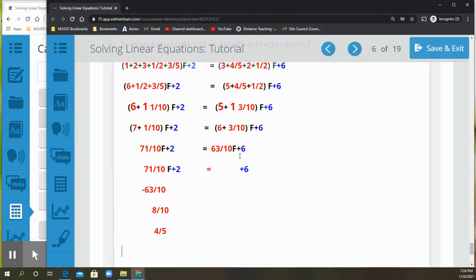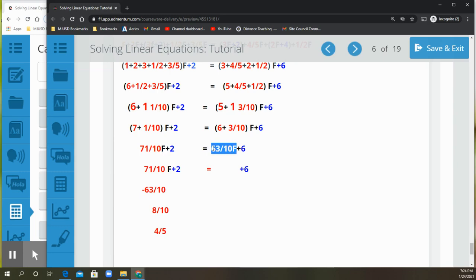All right. So we went from 71/10, and over here we had 63/10. Remember, we want the variables all on one side.